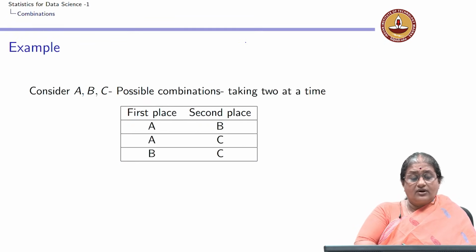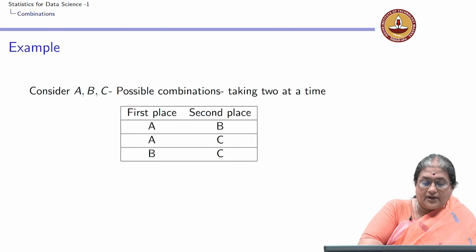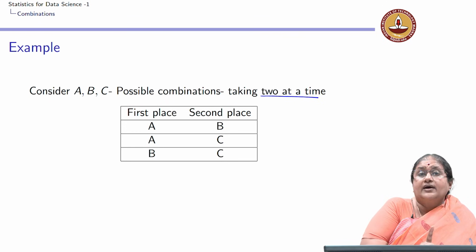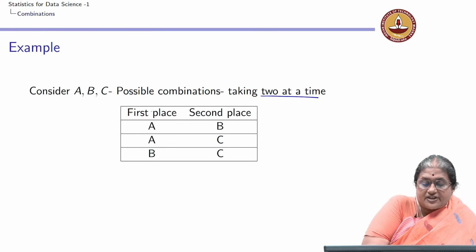Now, going back to the example, suppose I am looking at the possible combinations taking 2 at a time. When we went back to our permutation, we had a first place and a second place. Here the order is of no importance.